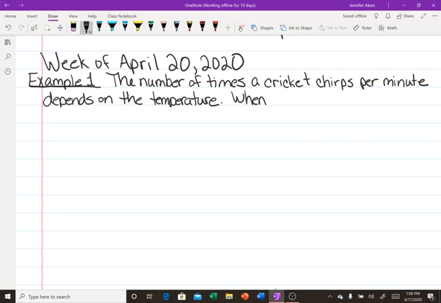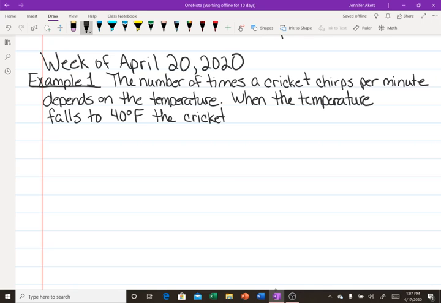When the temperature falls to 40 degrees Fahrenheit, the crickets quit chirping.